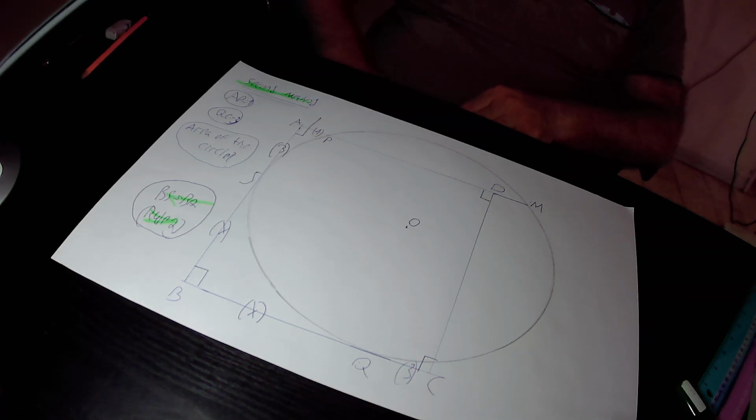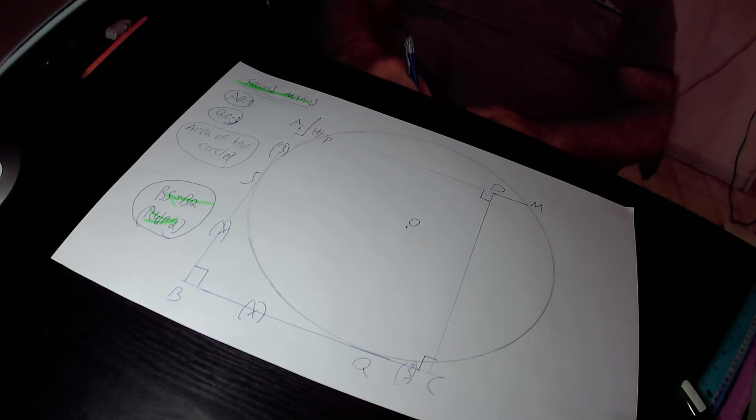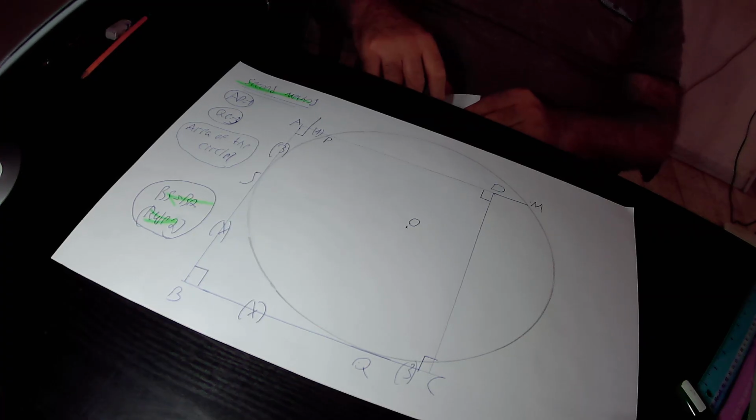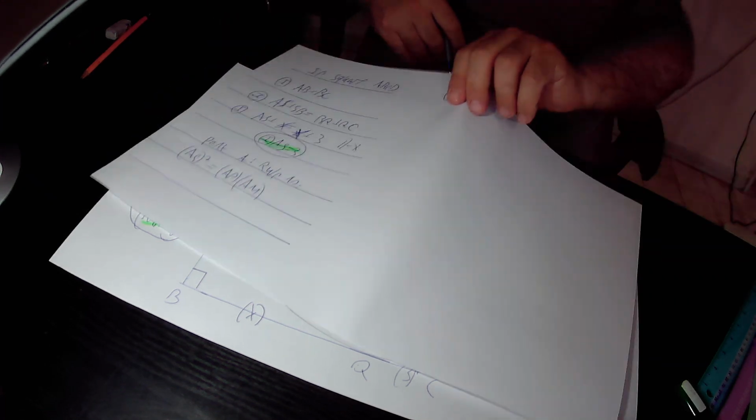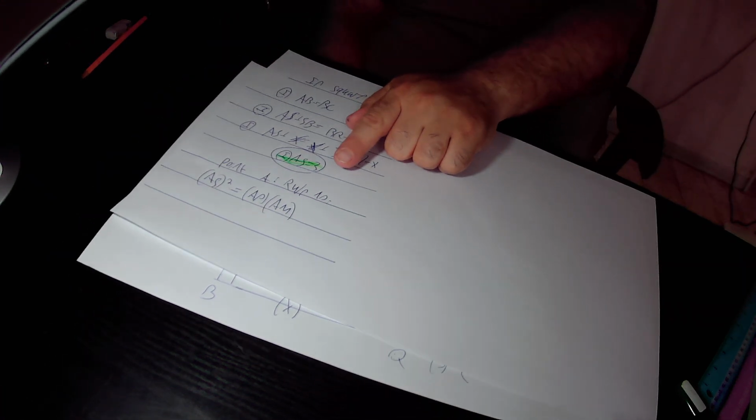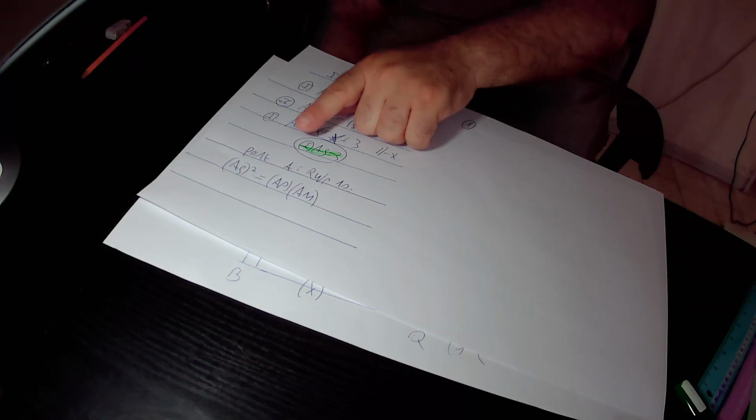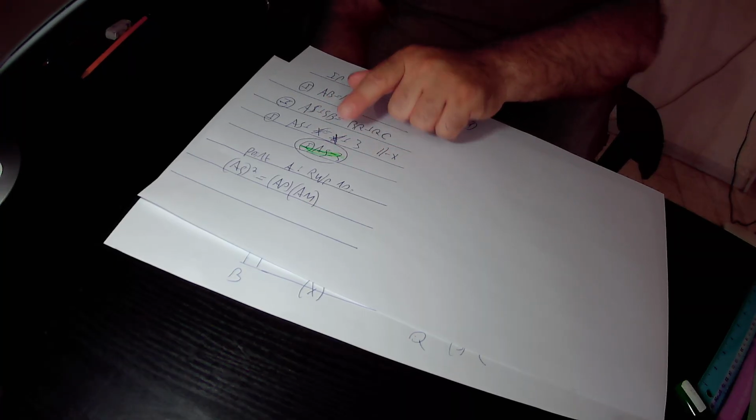So I write it down. According to rule 10, AS squared equals AP times AM.